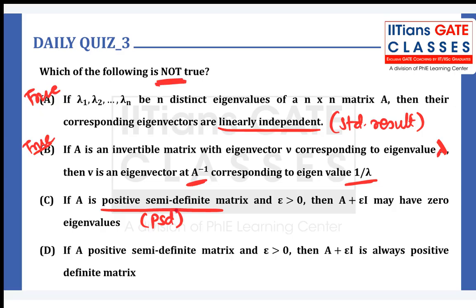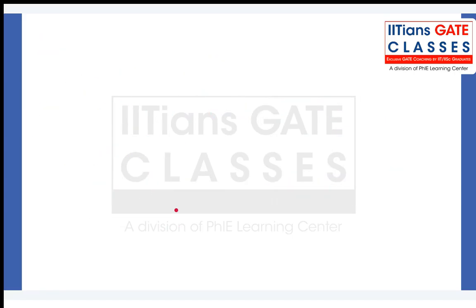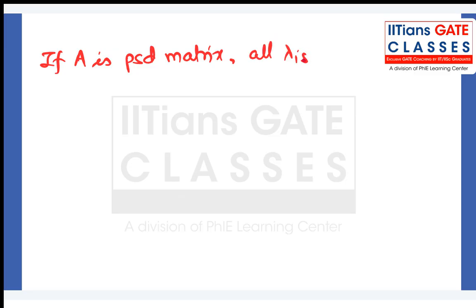If A is a positive semi-definite matrix, there is a standard property which says that all eigenvalues of this matrix will be greater than or equal to 0. There is one more case where matrix A is positive definite. In that case, all eigenvalues will be greater than 0, not equal. But here, since it's positive semi-definite, there is a possibility that one or multiple eigenvalues could be equal to 0.